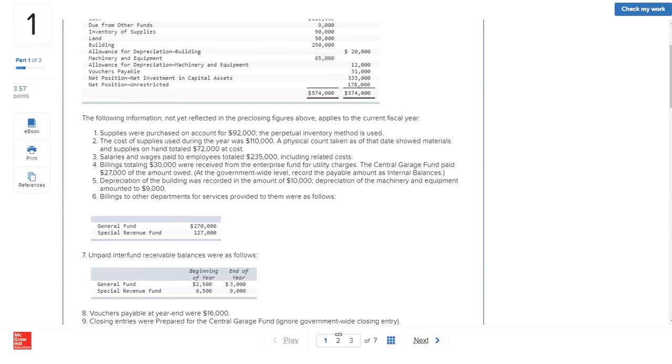And then finally on number 8, closing entries. For your closing entries, I'm sorry, vouchers payable first. Your vouchers payable at the end of the year, you're going to have to do a T account.